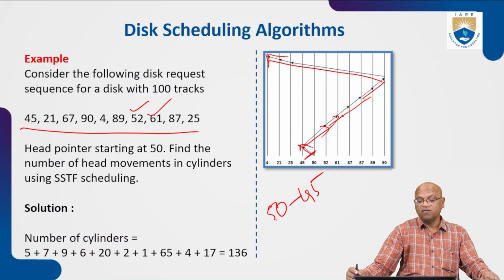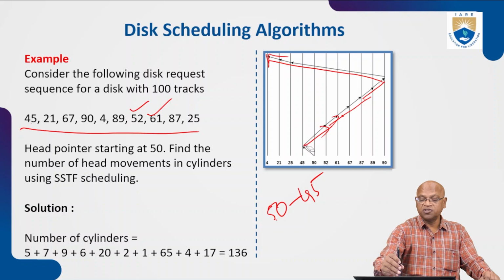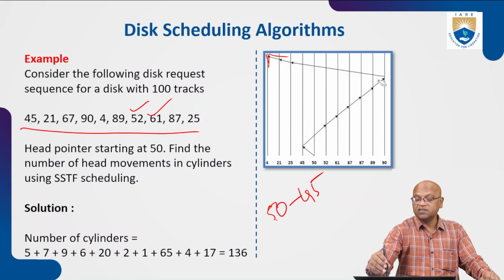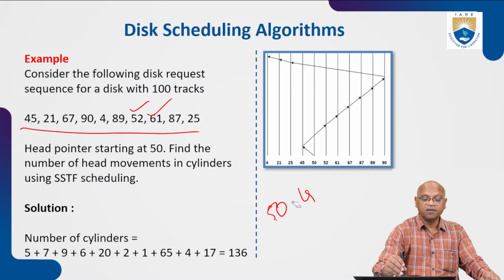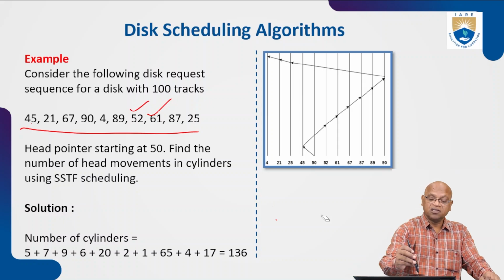We get 136 cylinders. That is how many cylinders it had to move. This is the shortest, or minimum, from the current position. So that is SSTF.